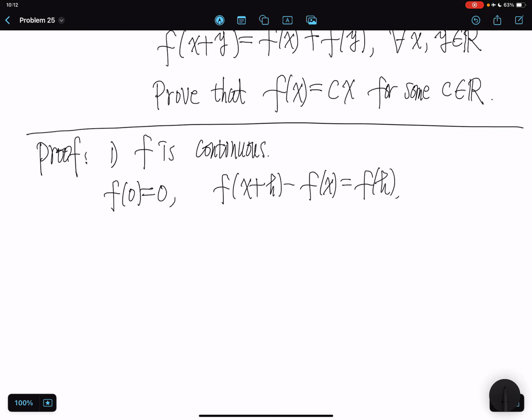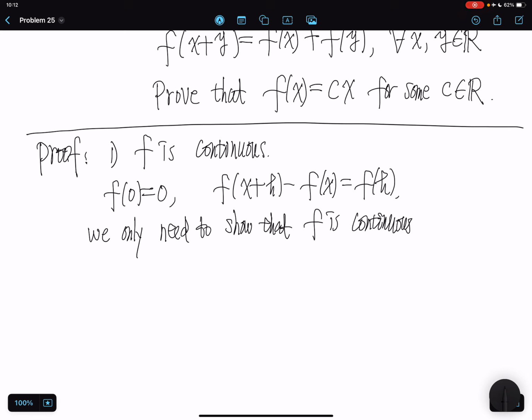So in order to prove f is continuous, we only need to show f is continuous at x equal to 0, right? Once it's continuous at 0, from this f of x is continuous everywhere, right?